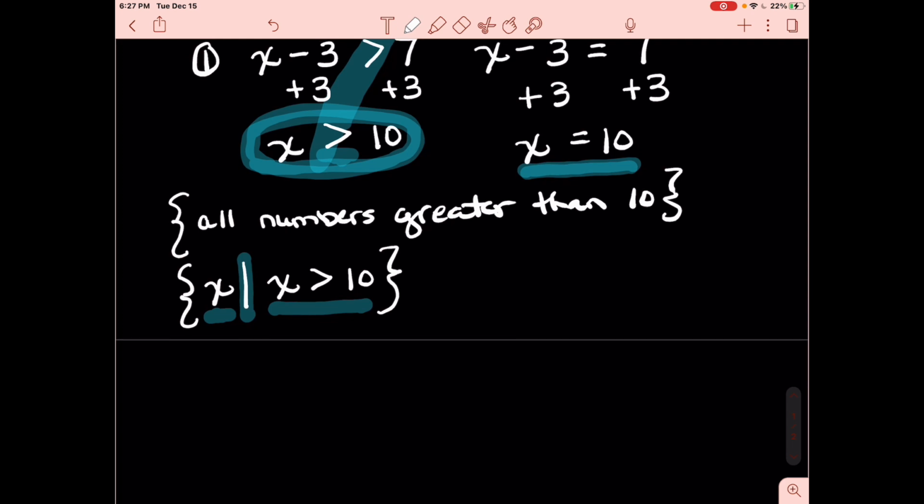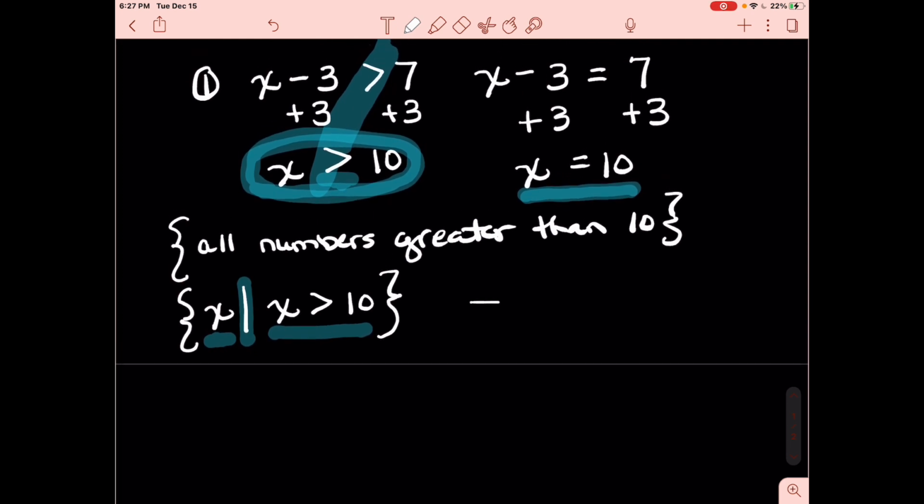The other way we do this a lot is we draw a number line. Anyway, I like to keep the number lines really simple, so let's just put a 10 on there.